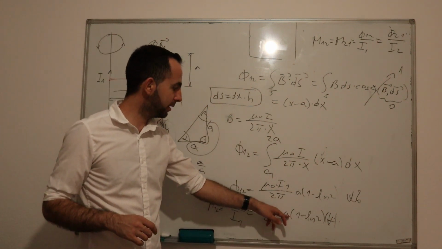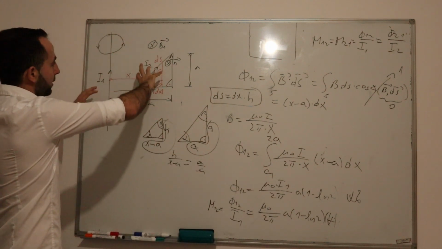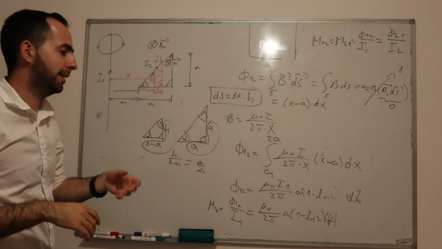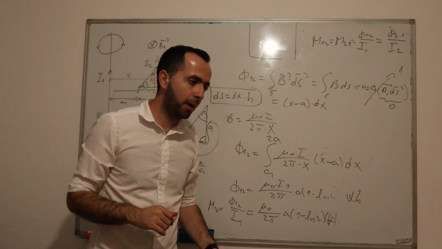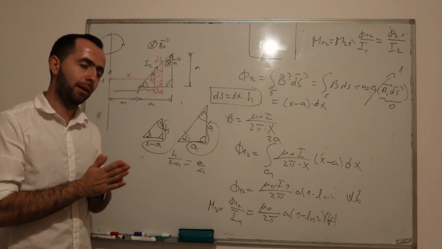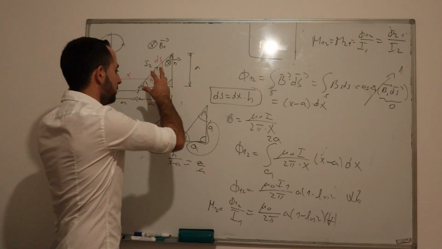It only depends on the distance a, the logarithm, etc. It will depend on what is the shape of this contour or this contour, what is the distance, etc. And we would get some constant values, but we don't have a current. So the inductance does not depend on the current of these two conductors.